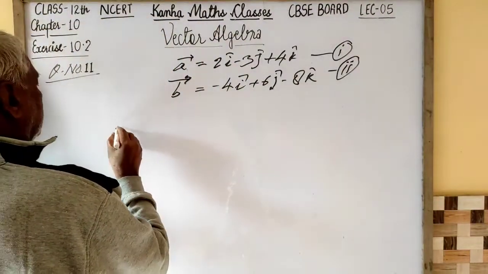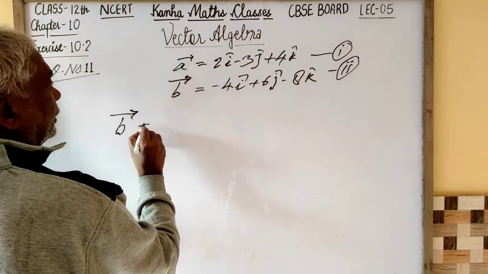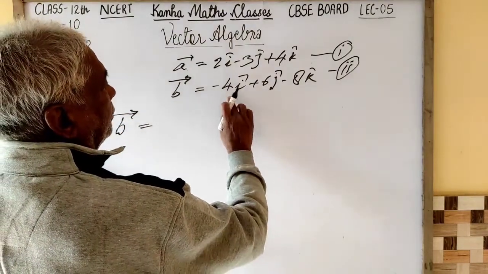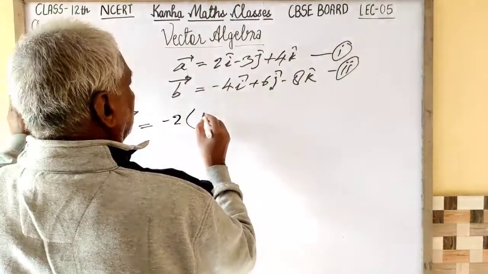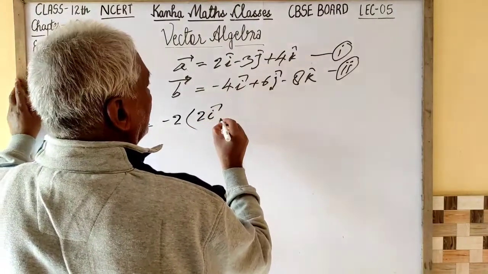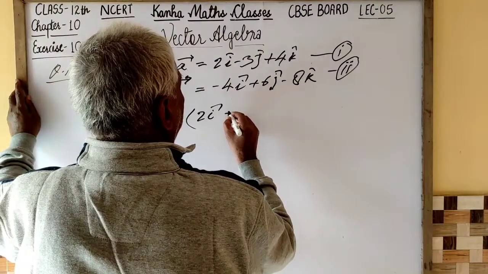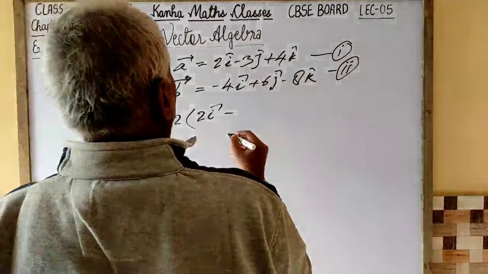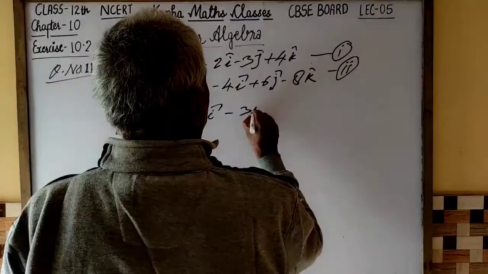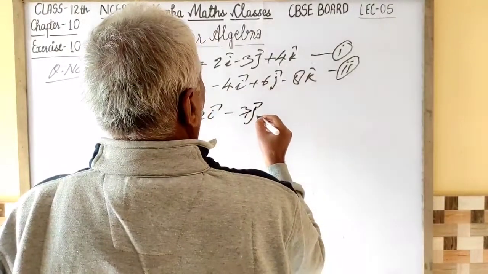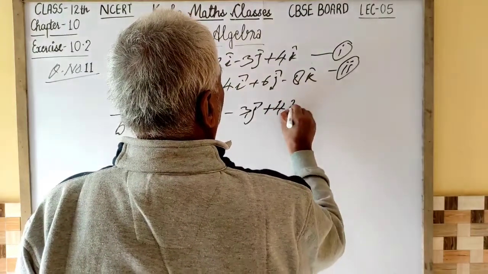Now if you write vector B, here we may take minus 2 common, so this will be equal to minus 2 times 2i minus 3j plus 4k.